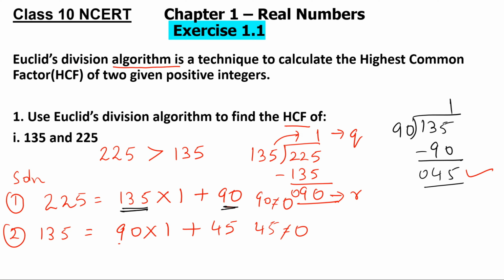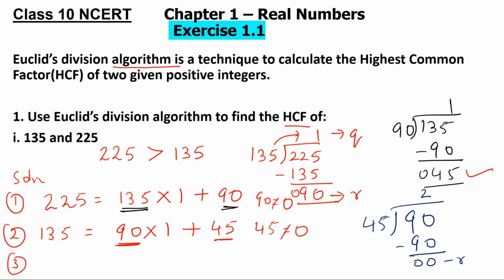Now 90 becomes the new dividend and 45 the new divisor. 90 and 45: 45 times 2 is 90 and here we got the remainder as 0. So in the third step, we write 90 equals 45 times 2 plus 0.